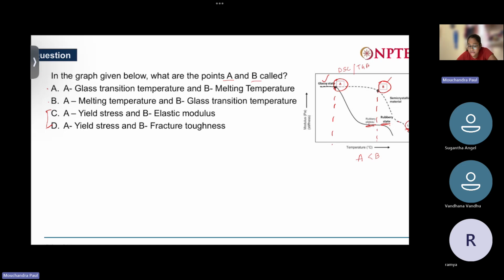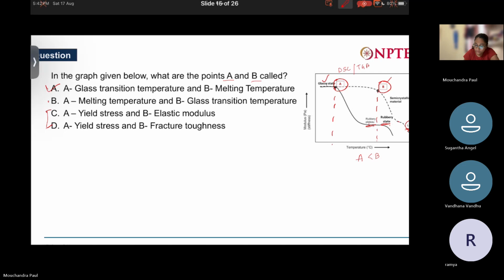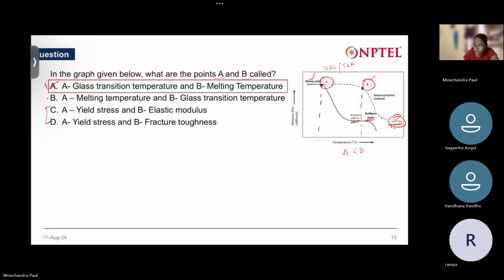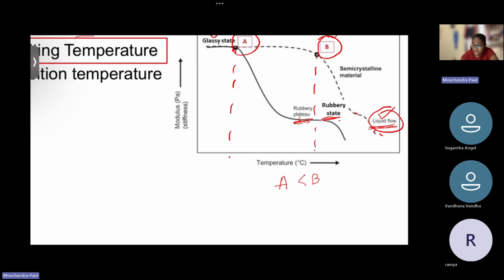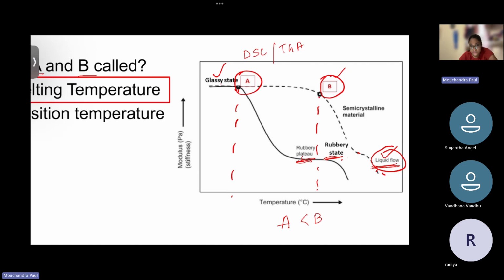So the correct option here is actually option A. As I told you, below glass transition temperature, the material is in a glassy state.